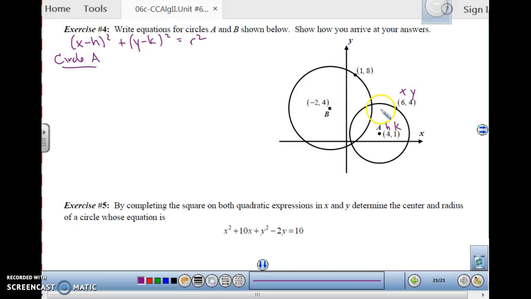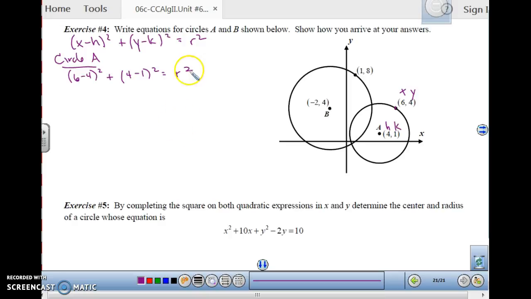So let's figure out the equation for circle A using the information that we have. Following this formula, filling in what we know, x minus h would be (6 minus 4) squared, plus y minus k would be (4 minus 1) squared, equals r squared. Remember, when you have any equation or formula, and you plug in all of the variables except for one, you can solve for the missing variable.